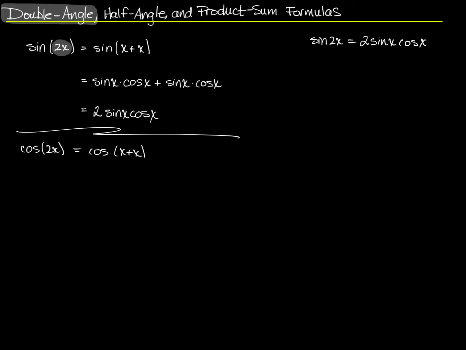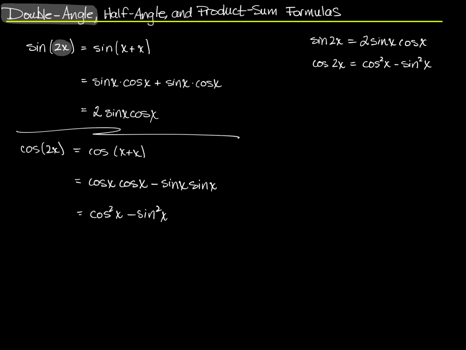Well, the cosine of x plus x is the cosine of the first times the cosine of the second minus the sine of the first times the sine of the second. So I can write that as cosine squared minus sine squared. So I'll write that down over here as well. The cosine of 2x is equal to the cosine squared of x minus the sine squared of x.